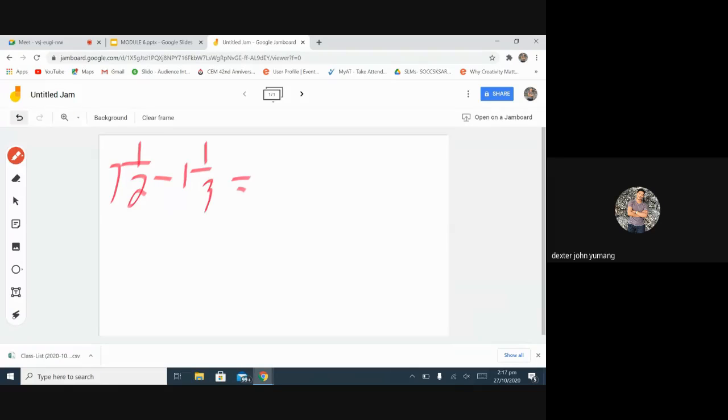So, 7 times 2, ilan po? 14. Tapos plus 1 equals 15 over 2. Minus, bakit minus? Kasi minus din po ang ginamit. So, 1 times 3 is 3 plus 1 is 4 over 3. So, yan po.